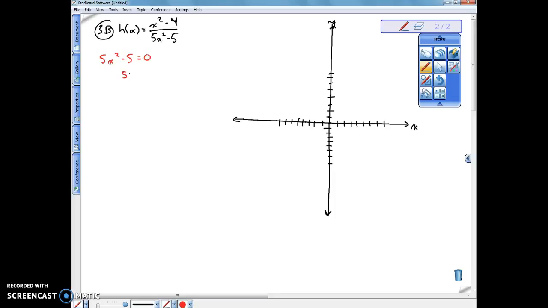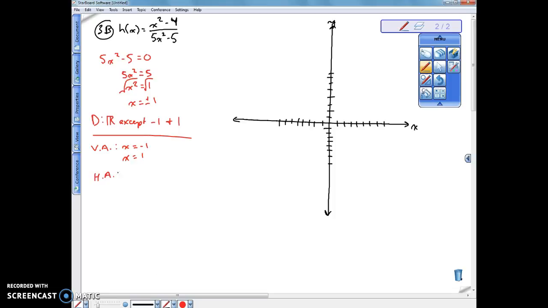So if I add 5 to both sides, divide by 5, I can see that when I square root both sides here, remember I have to add my plus or minus. So my domain is actually going to be all real numbers except -1 and 1. Which also means you can expect vertical asymptotes at both of those. Right? x equals -1 and x equals 1.